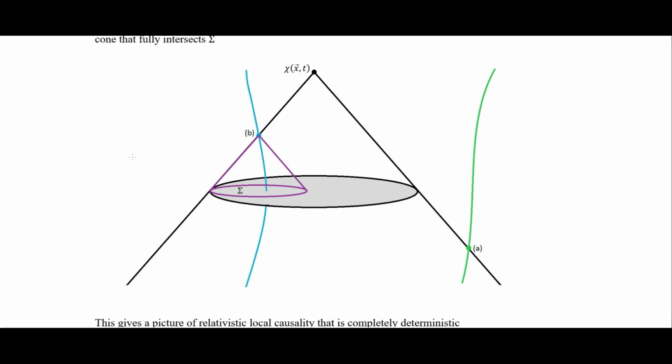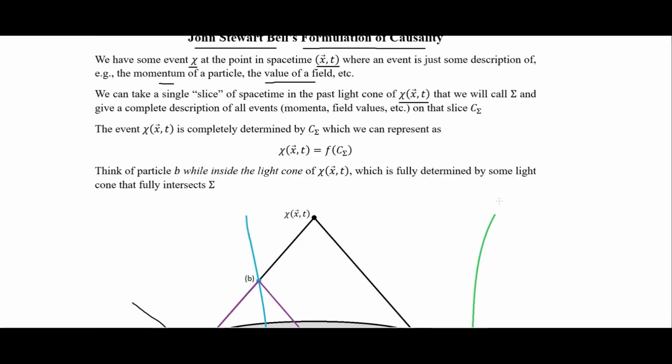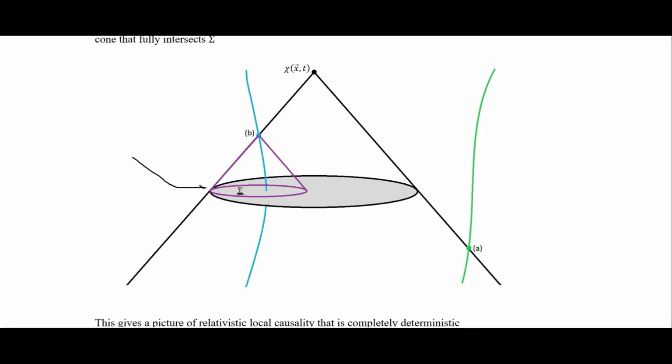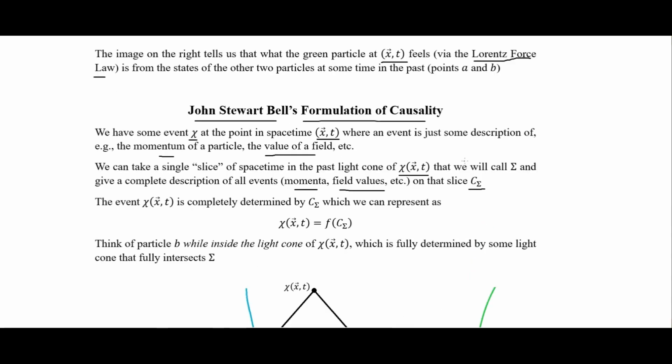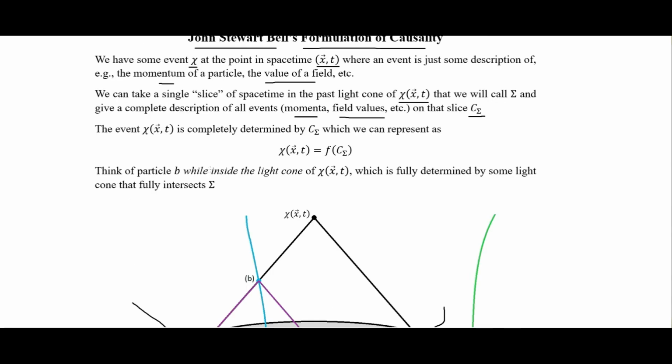So we're taking this slice that I have in gray here and we're calling it sigma. And we can give a complete description of all events, so all the momenta, field values, and so on, on that slice, and we'll call that C sub sigma. And so C sub sigma is the complete description of all events at that point in the past light cone.